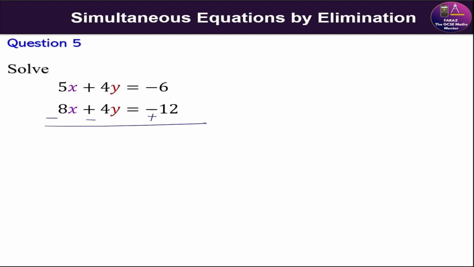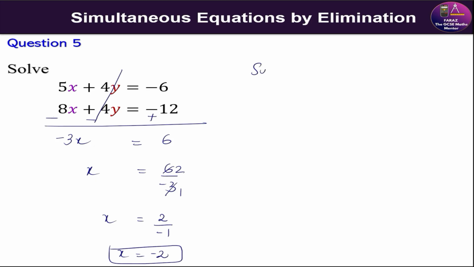So 5x minus 8x would be negative 3x. Plus 4y minus 4y is 0. Minus 6 plus 12 is plus 6. Now dividing by negative 3 on both sides, it will give 6 over negative 3, which means that x equals, 3 into 1 is 3, 3 into 2 is 6, 2 over negative 1. Which means x equals negative 2. Now substitute this value, x equals negative 2, in any of the equations.